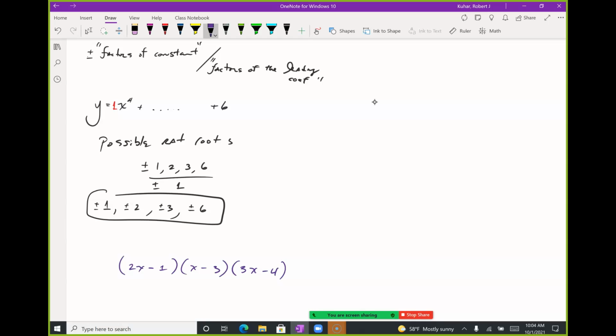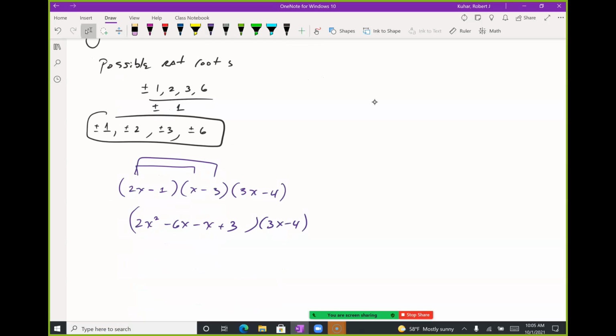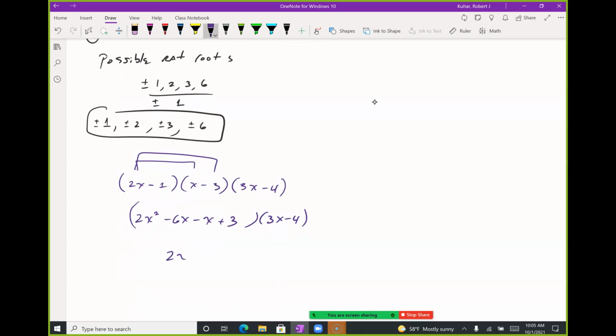So I'm just making this up. So let me start distributing this out. What do I get? I get a 2x squared, a minus 6x, a minus x, and a plus 3, all times this 3x minus 4, right? So I get 2x squared minus 7x plus 3 times a 3x minus 4. So I'm now going to distribute the 3x, and I'm going to distribute the 4.